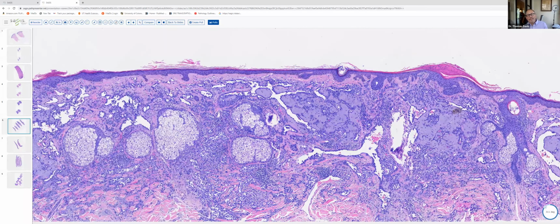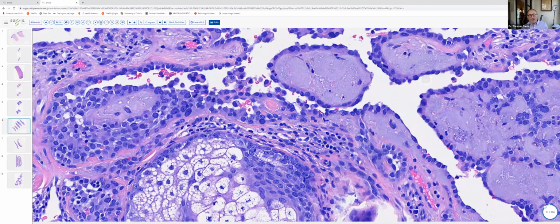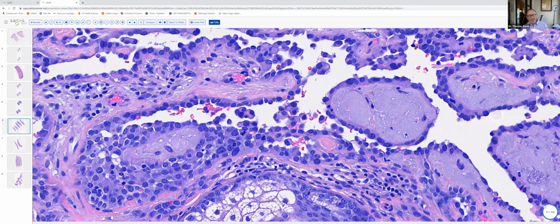If you look within these spaces, you can see RBCs, and the channels do have an endothelial lining. But these are extremely jagged, crack-like vessels. And rather than being lined by flattened endothelial cells, these are lined by very atypical, plump, almost epithelioid endothelial cells. Mitotic figure here, mitotic figure here.